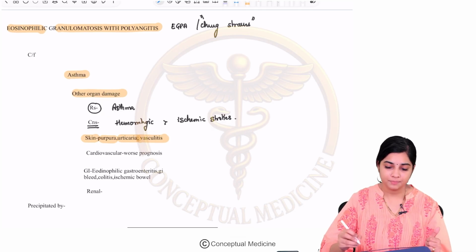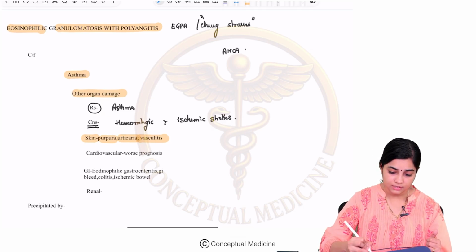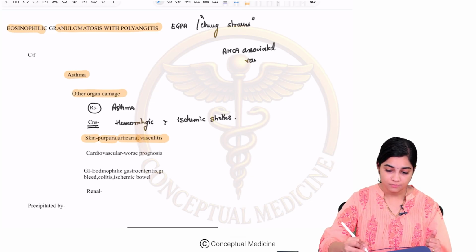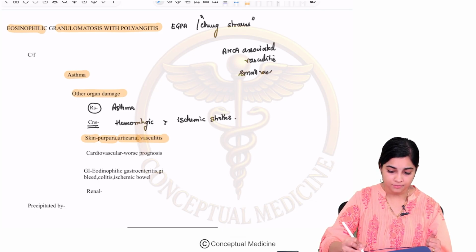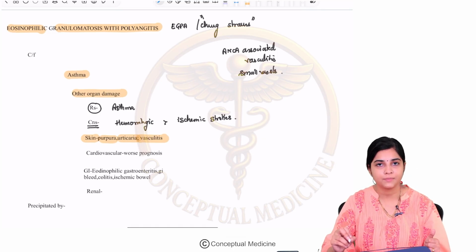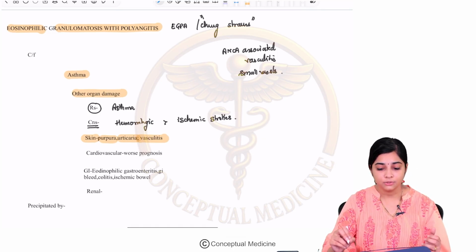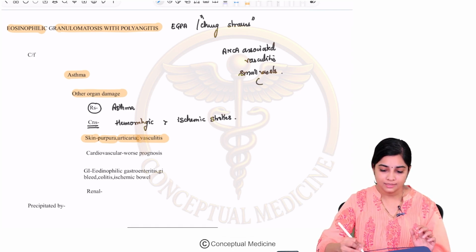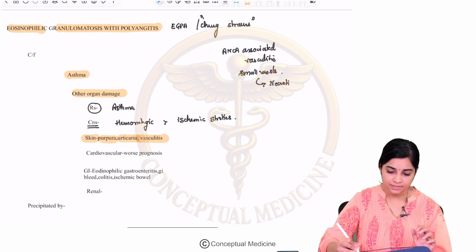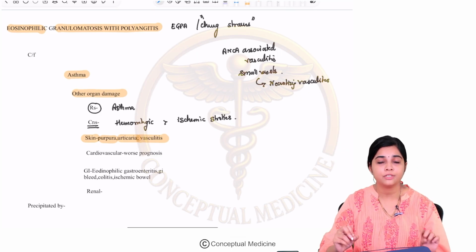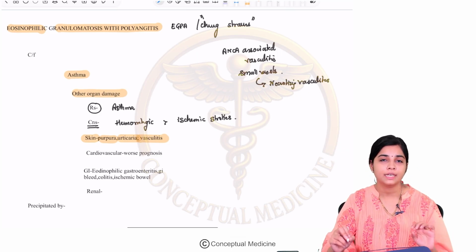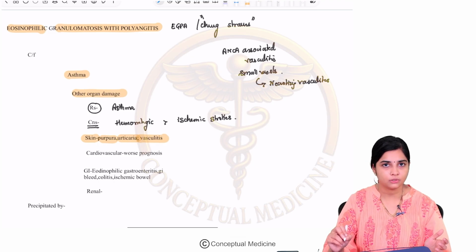Mainly because EGPA is an ANCA-associated vasculitis which predominantly involves the small vessels. ANCA stands for anti-neutrophil cytoplasmic antibodies, which deposit in the small vessels and result in a necrotizing vasculitis. This is the highlighting feature of EGPA, which is not found in any other types of pulmonary infiltrates with eosinophilia.